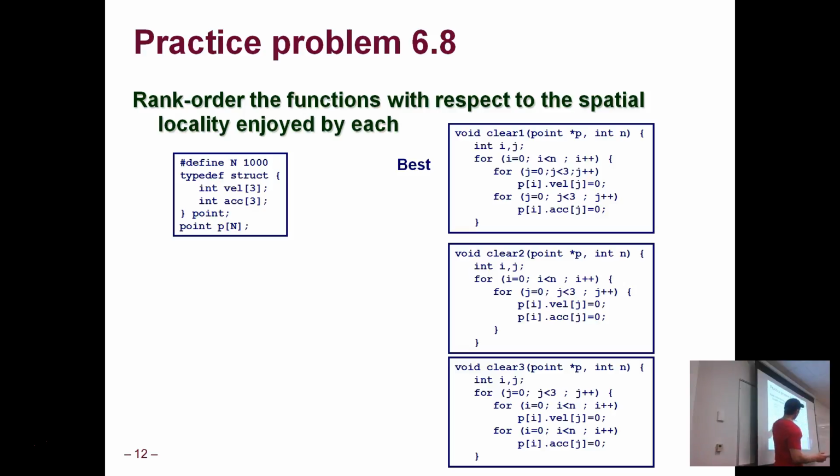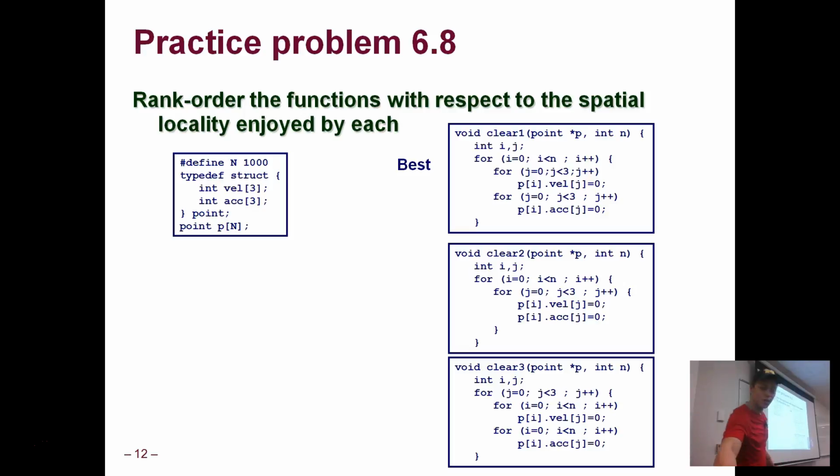But then on the inner, the top one is going to say, I'm going to take all of the velocity vectors first and zero those out, and then I'm going to go to the acceleration vectors. These are stored contiguously, so this is exactly going straight through the struct and zeroing it out in memory ordering.